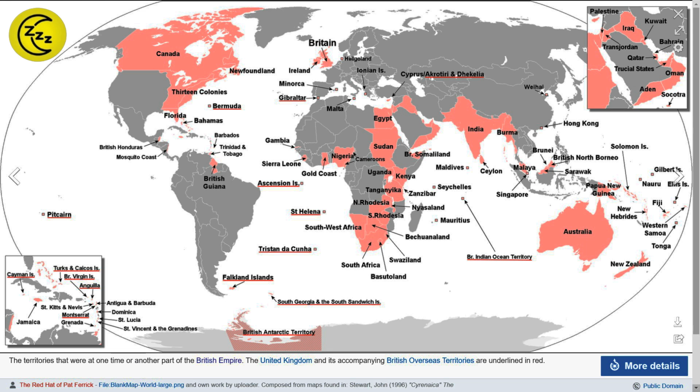Fighting between the British and French colonies in North America was endemic in the first half of the 18th century, but the Treaty of Paris of 1763, which ended the Seven Years' War, known as the French and Indian War in North America, left Britain dominant in Canada.